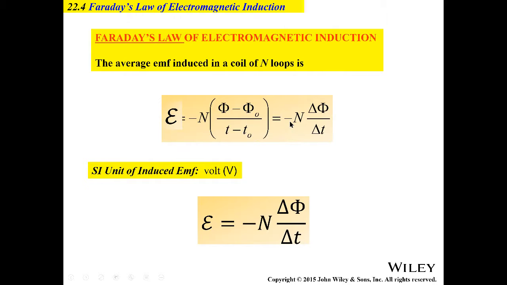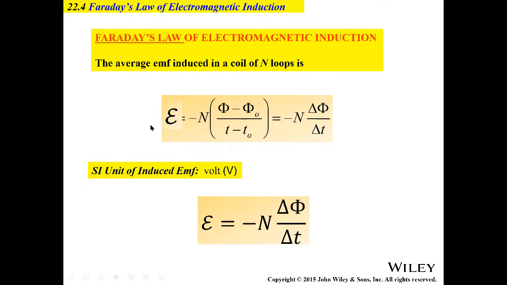Later, we'll learn something called Lenz's law, because it took all the engineers and scientists a long time to figure out this minus sign. Lenz was one of the engineers who said it is always there to oppose. And so there's a minus sign.